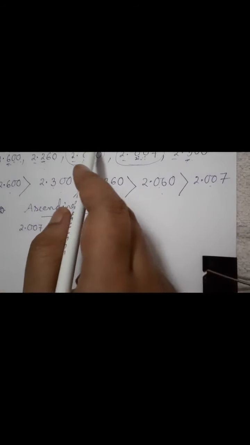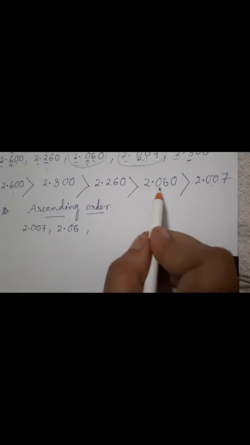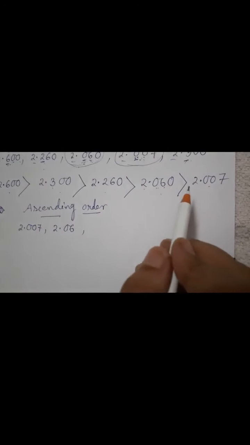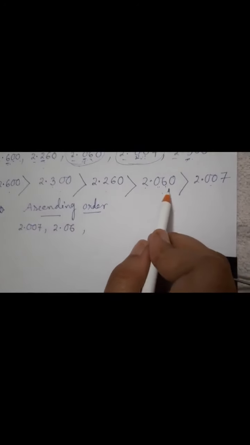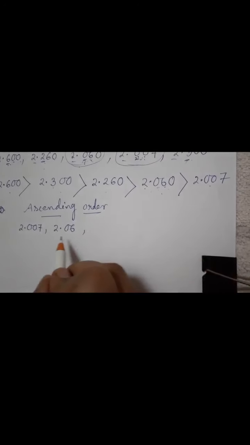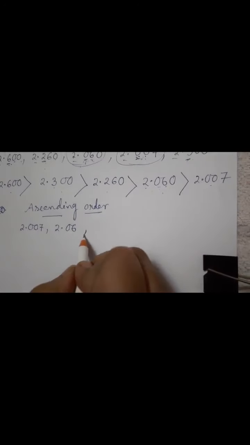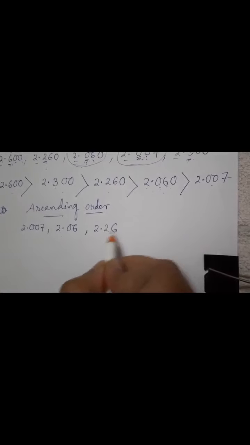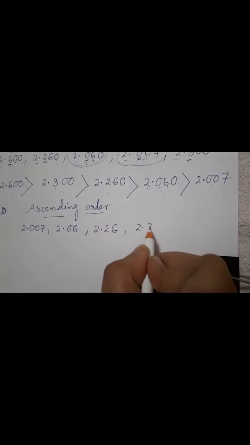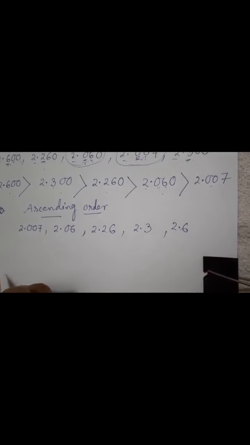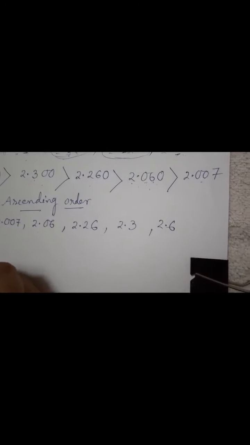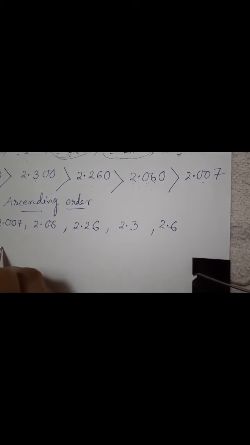Whatever is given in the question, we will write the same. 2.060 is not given in the question, only 2.06 is given. So it will be 2.06, then 2.26, then 2.3, and then 2.6. This is ascending order.